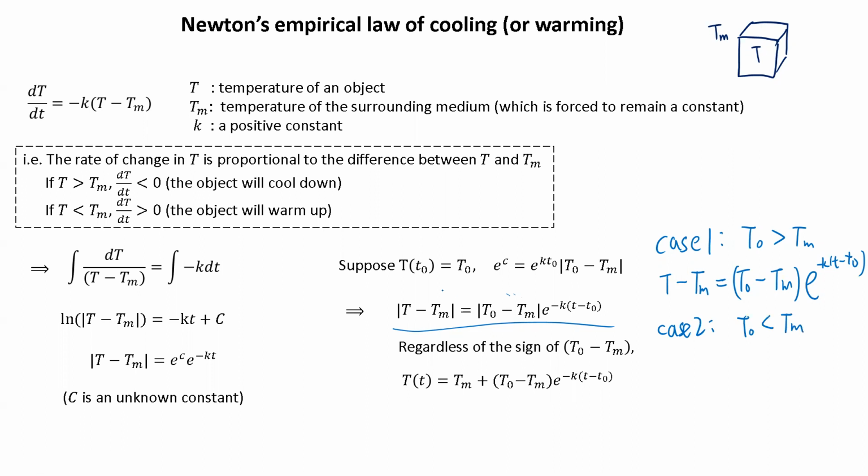Then on the left hand side, this T minus Tm is actually minus (T minus Tm). And the right hand side would also be minus (T naught minus Tm).